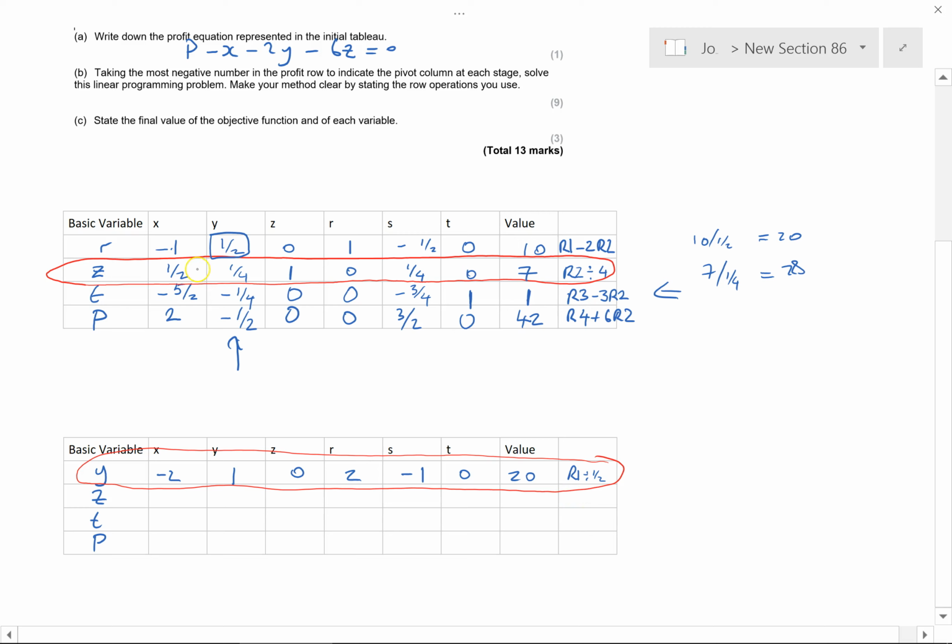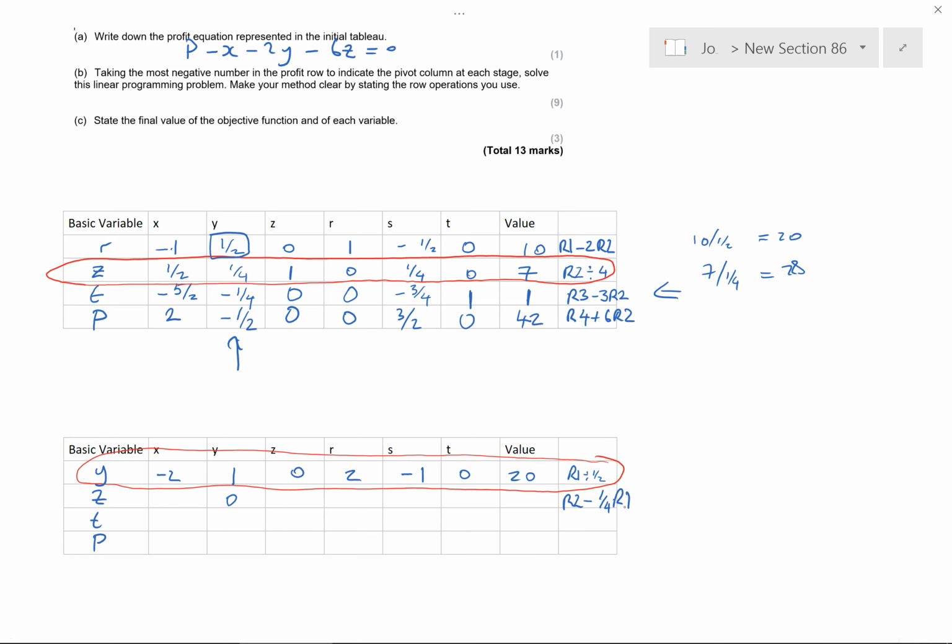Well, we've got the number in this column here, this row here, equal to a quarter. So we need to get that to 0, so we need to take away a quarter. So this number here will be equal to R2, our old R2, take away a quarter of R1, our pivot row, the new R1.